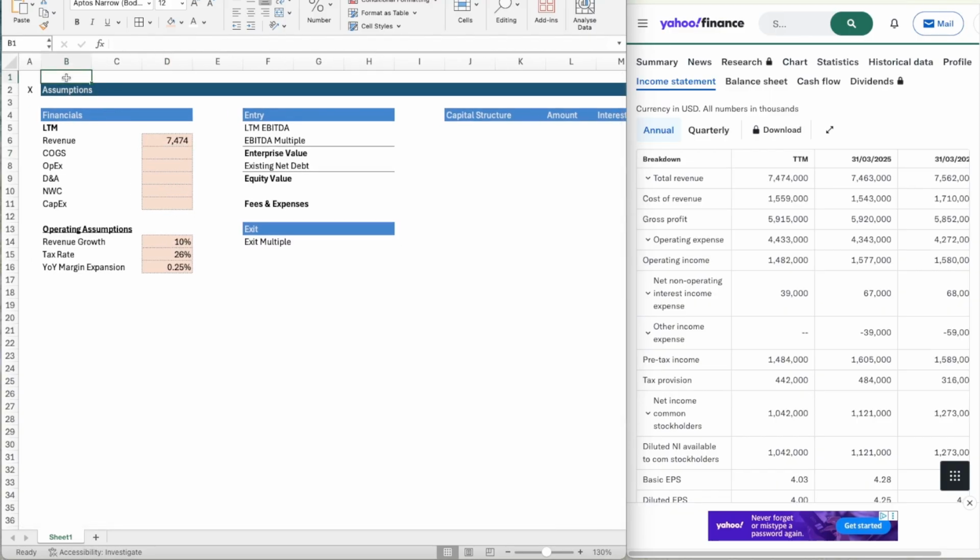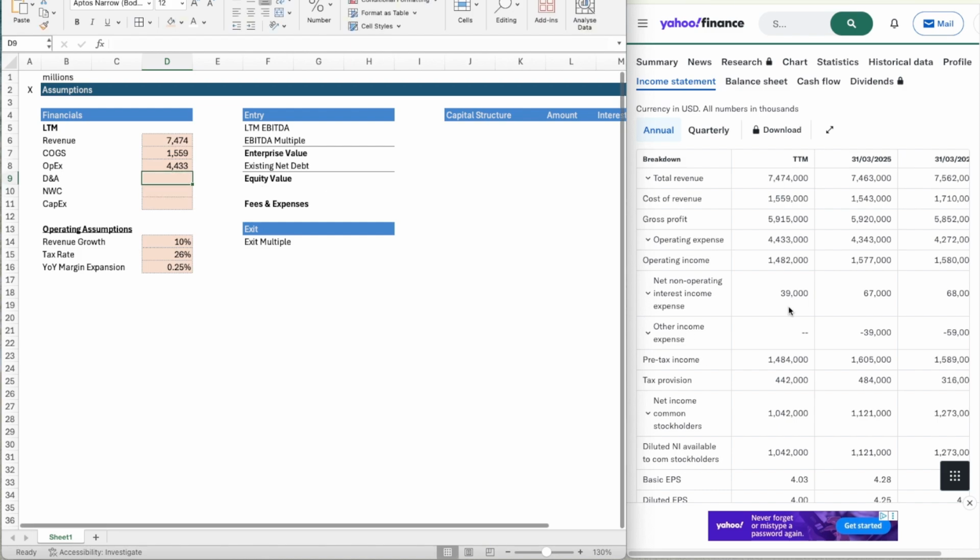Let's just make sure that we know this is in millions. The COGS, the cost of goods sold, is 1,559. The operating expense is 4,433.